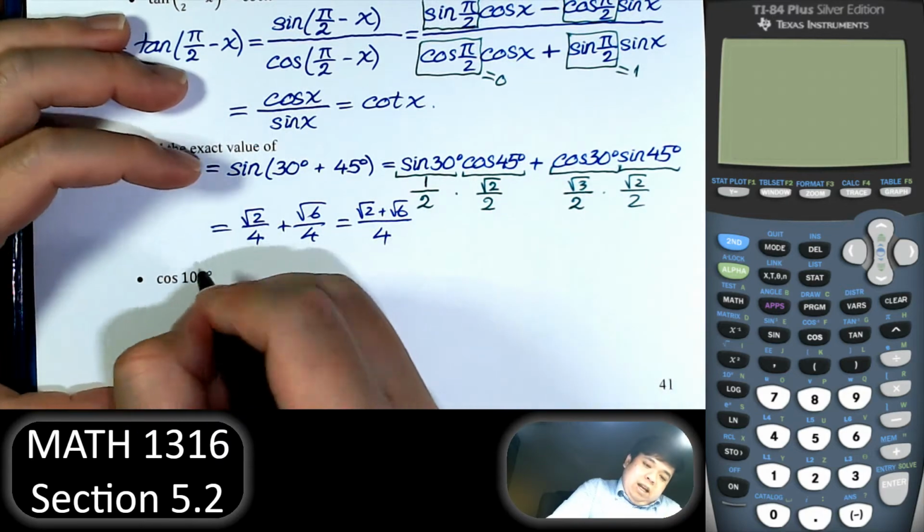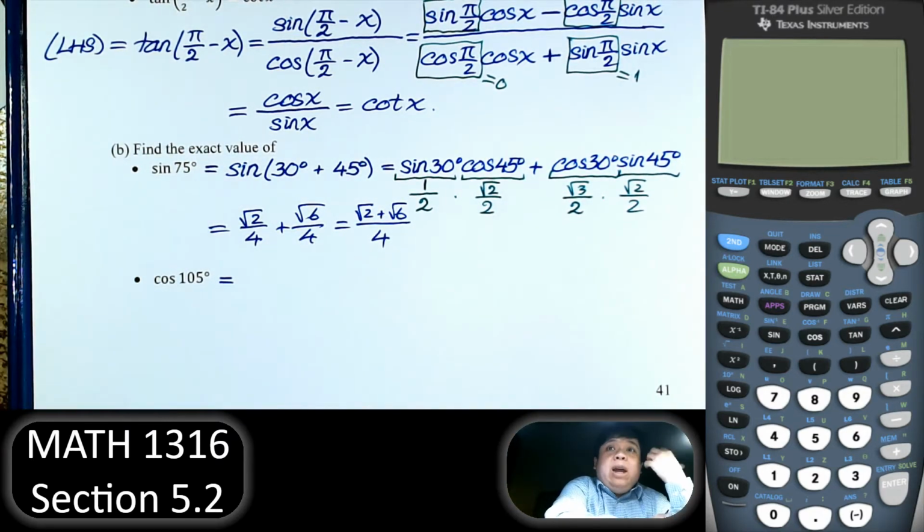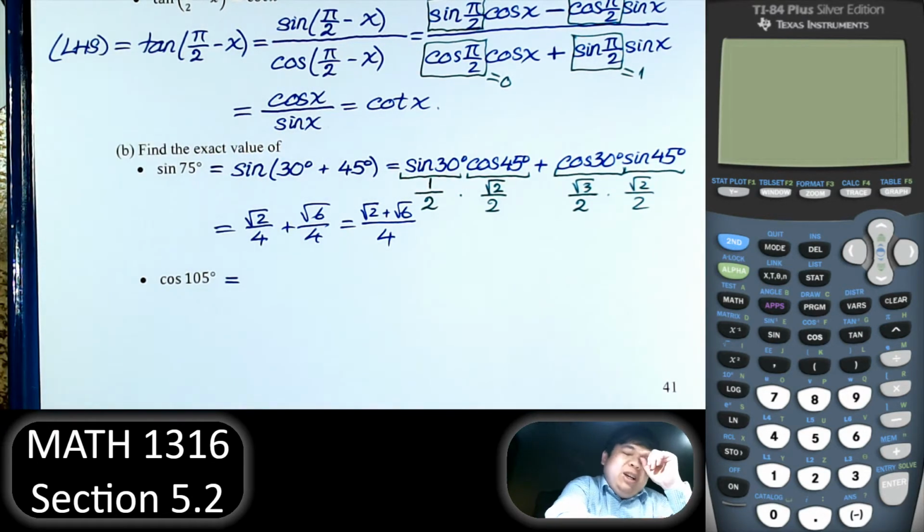Next, 105. How do we write the combination? How do we get 105? So that could be 180 minus 75. We know 75 now. Or we could go like 135 minus 30. 135 is a multiple of 45, which is still good.